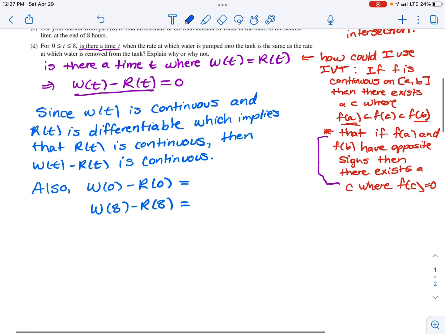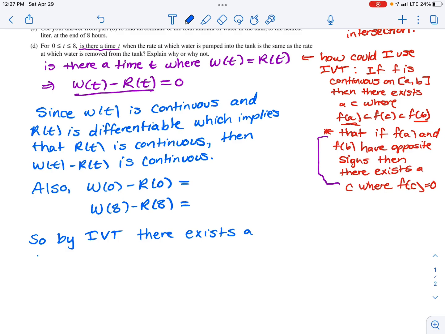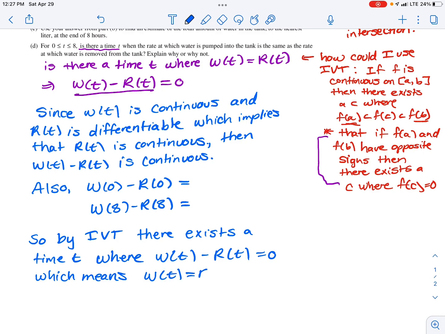And as long as those are opposite, we would have, by IVT, there exists a time t where w of t minus r of t equals 0, which means w of t is equal to r of t at time t.